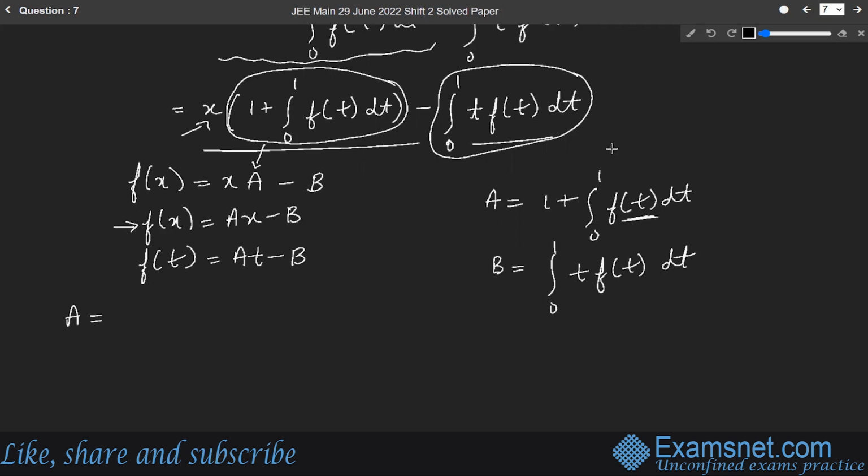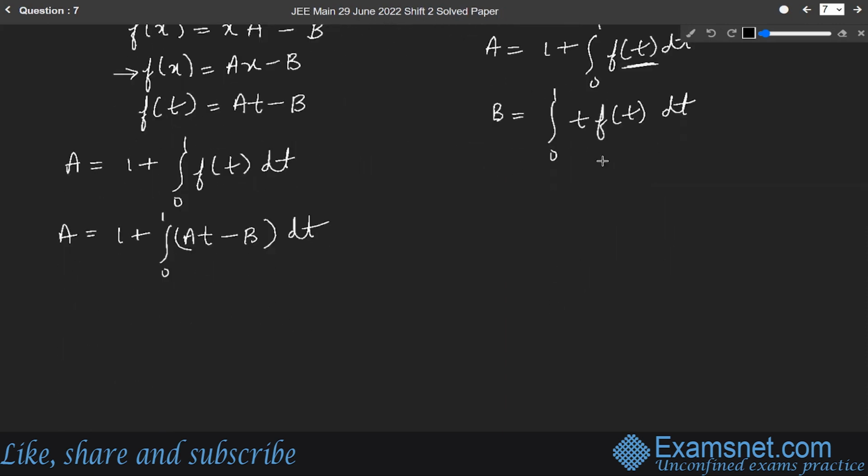What is a? a is 1 plus integral of 0 to 1 f of t dt. So substituting the value of f of t here, it will be 1 plus integral of 0 to 1 of (at minus b) dt. Now let us integrate this term.